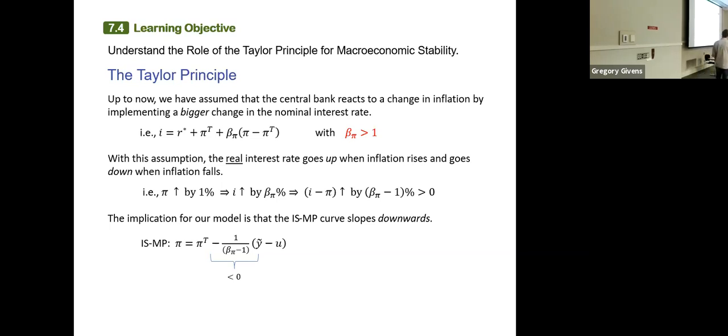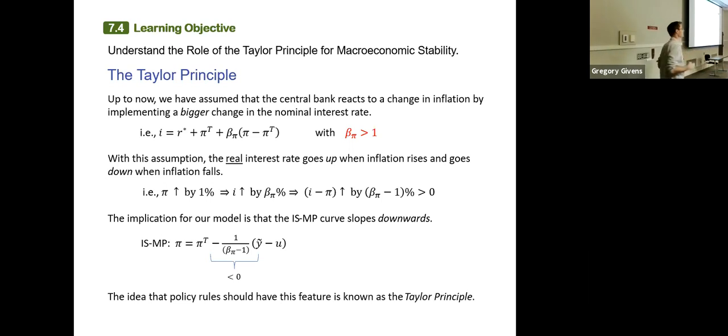If beta pi is a number bigger than 1, then this coefficient that is multiplying the output gap has to be a negative number. It's a negative times a 1 over beta pi minus 1. Beta pi minus 1, therefore, being a positive number. So the whole coefficient has to be negative. So this restriction on beta pi means that the ISMP curve is going to be negatively sloped.